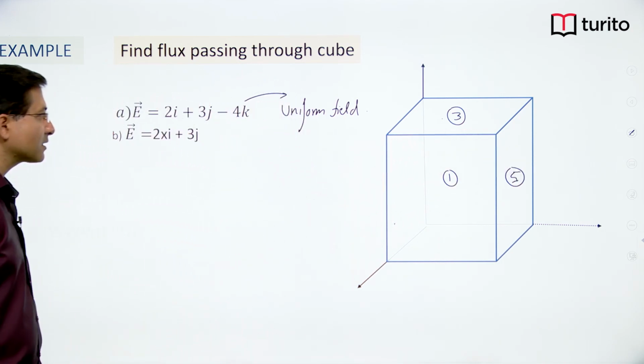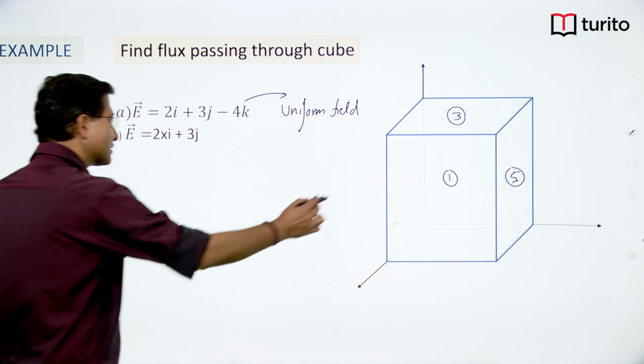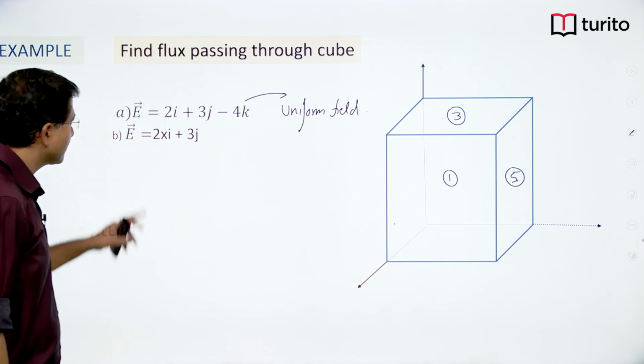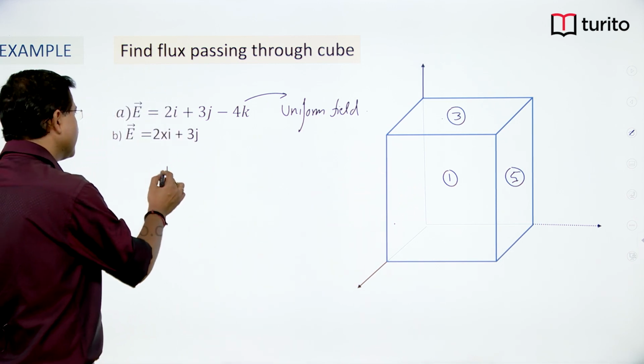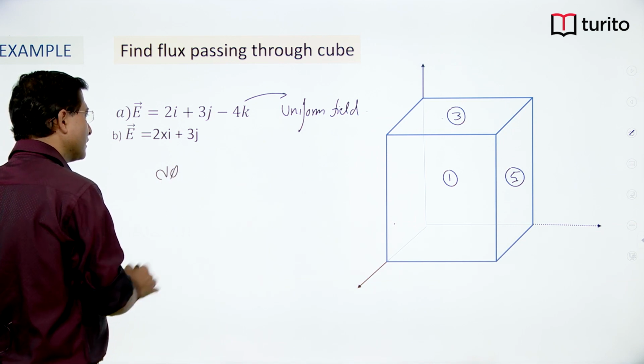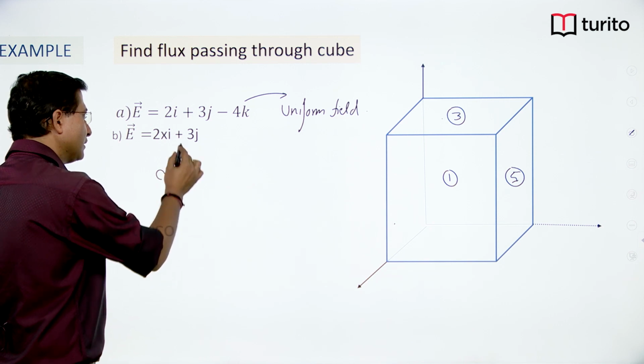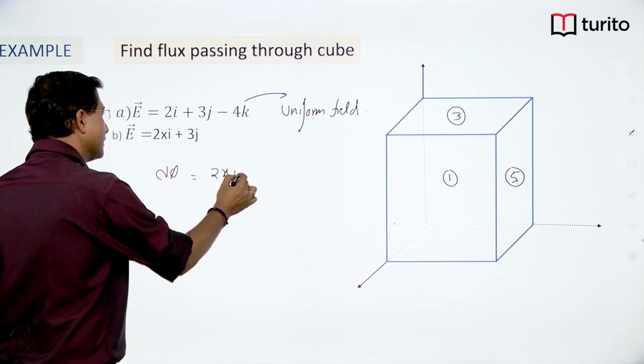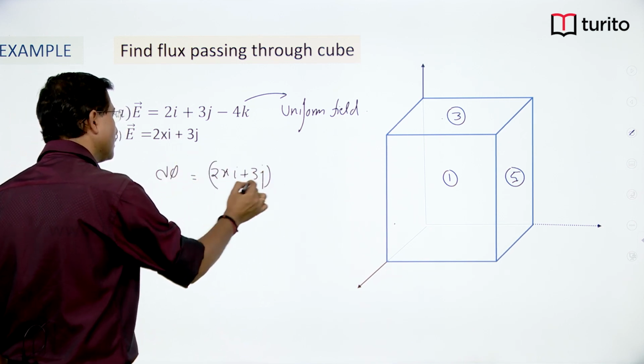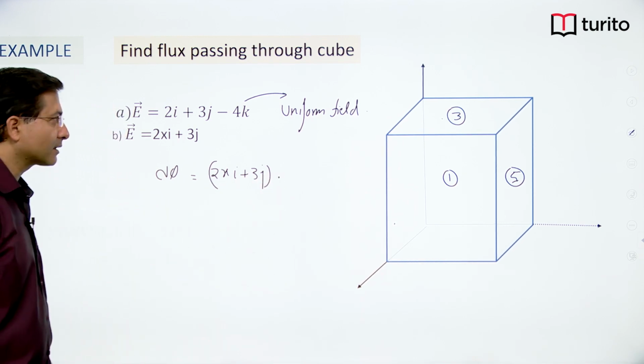So, third, this will become 4, this is 5, this will become 6. If I ask what is the flux associated with the first surface, let us write d phi is field, that is 2x i plus 3j dot product with the area vector.